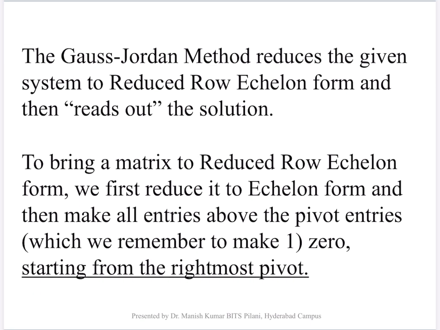So Gauss-Jordan method reduces the given system into reduced row echelon form and reads out the solution directly, right?